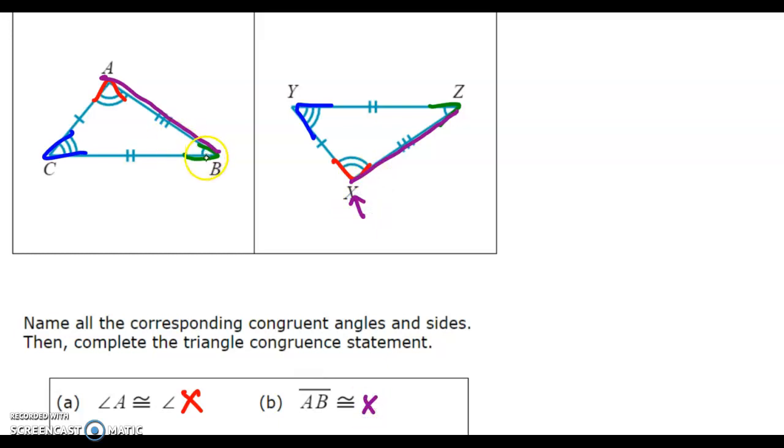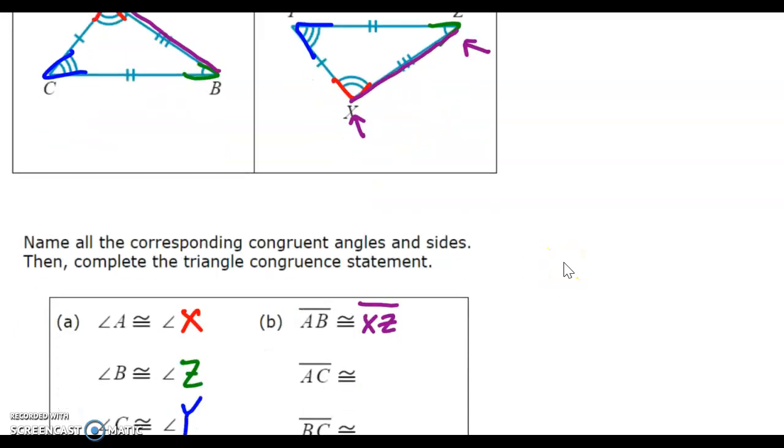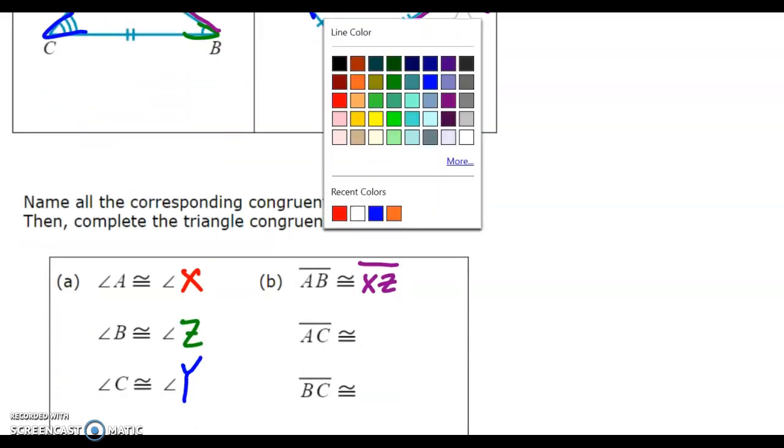And then B is second, so the corresponding angle with B, which is Z, will come second. So it does have to be named in that order, XZ, because that's going to keep the same order with the names of the triangles when we do that for part C in a second. You have to keep that order depending on the angles that are corresponding, even when you're naming corresponding sides. So really you can name these corresponding sides just by matching up the corresponding angles.